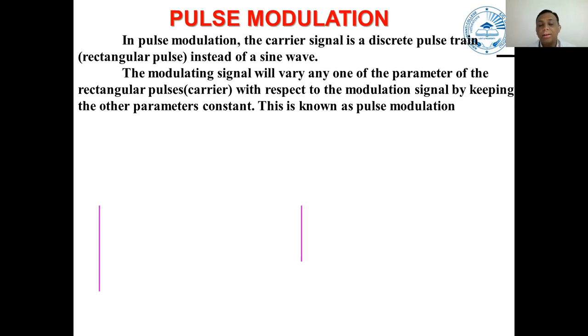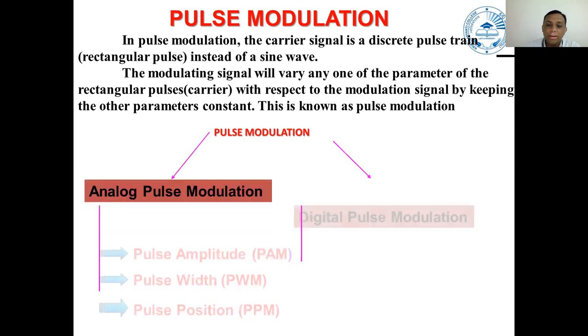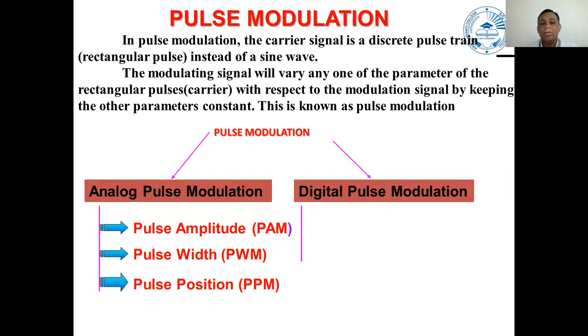So the modulating signal will vary any one of the parameters of the rectangular pulses of the carrier, keeping the other parameters constant. Depending upon the parameters that we are varying, pulse modulation can be classified into two different types: analog pulse modulation and digital pulse modulation.